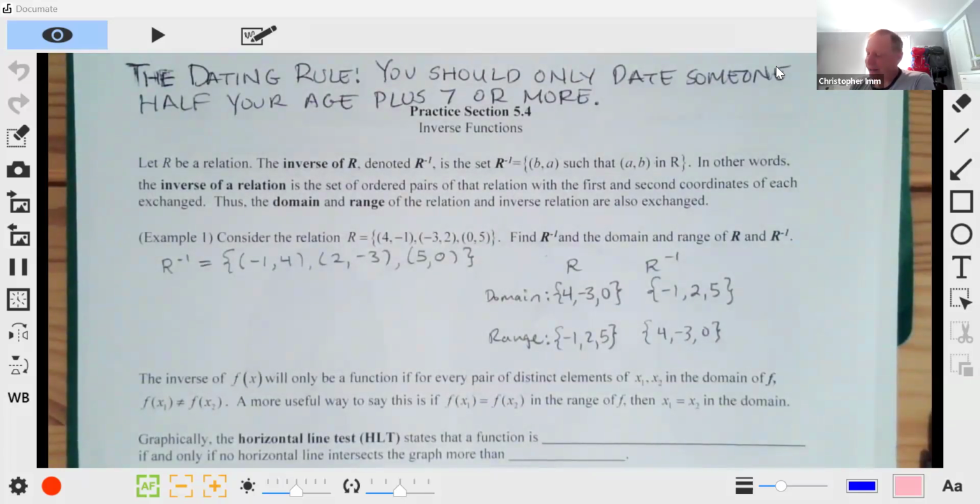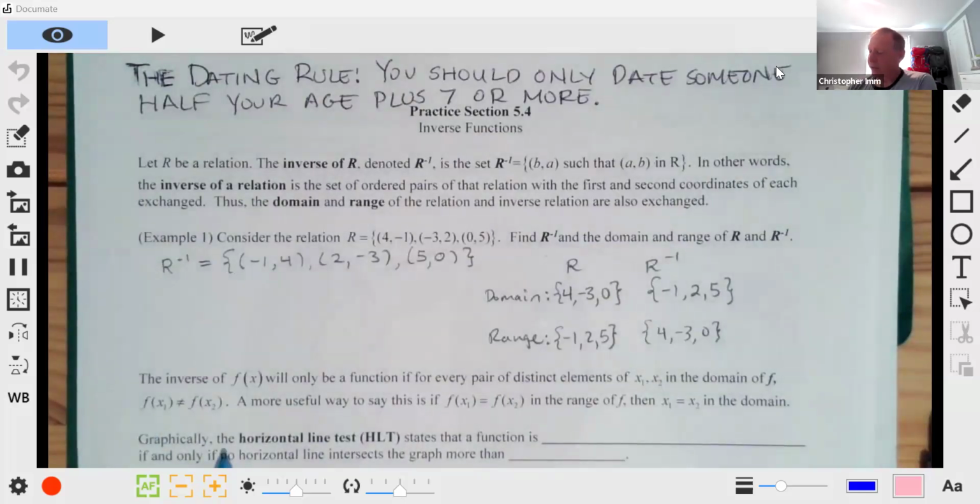Graphically, we have this thing called the horizontal line test. Remember, the vertical line test was there to help us determine whether a relation was a function. The horizontal line test verifies if that function is going to be 1-to-1, which would mean it's invertible.